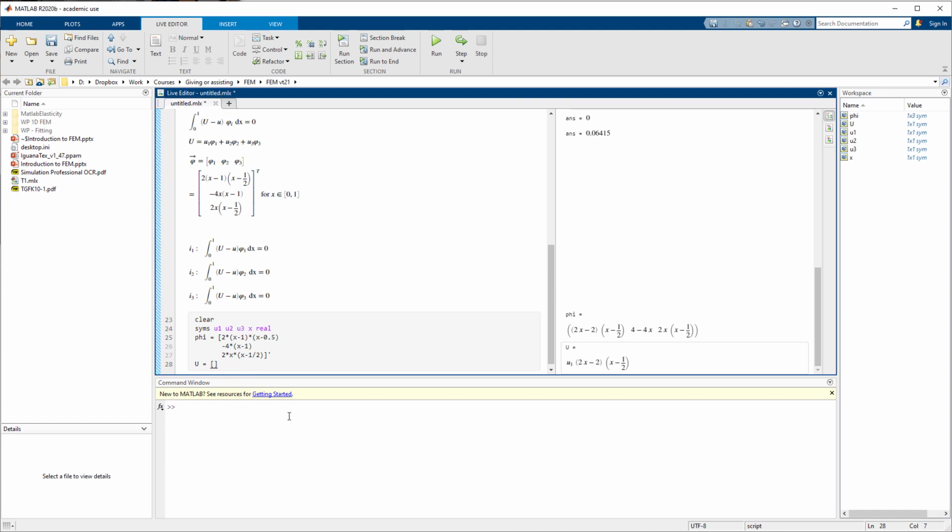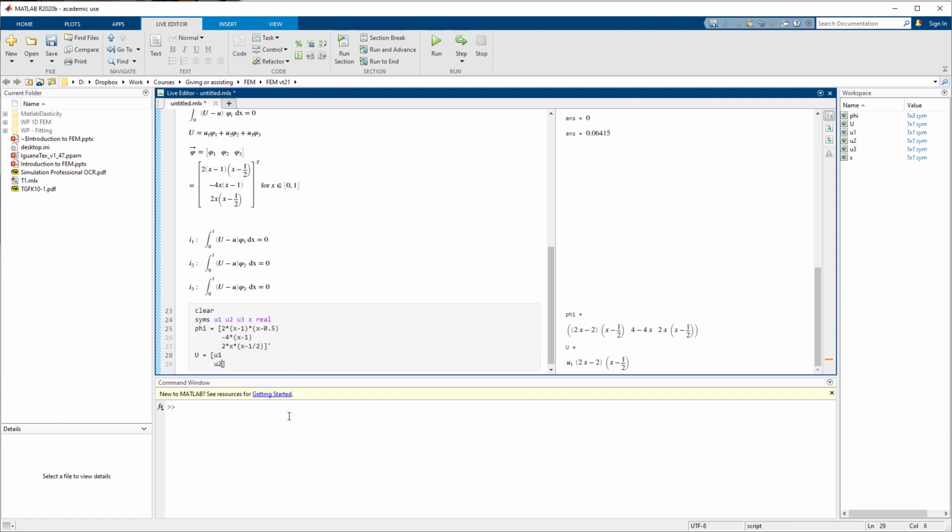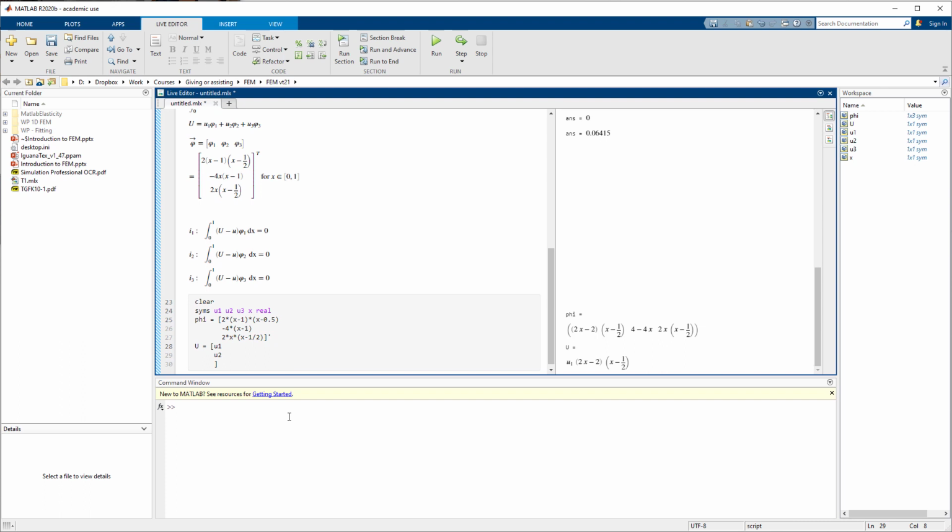more prefer to do it like this: u1, u2, and u3, and then multiply this with phi, or rather the other way around, to make it as a matrix multiplication, like so.